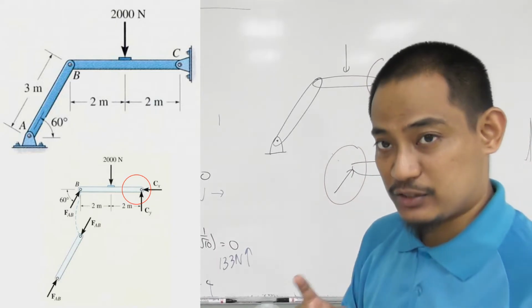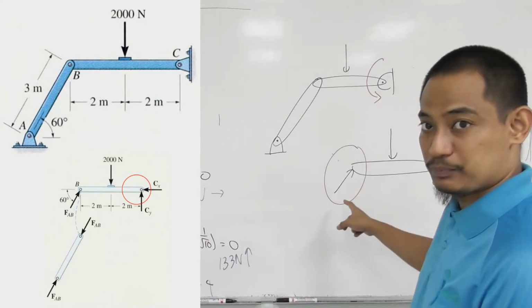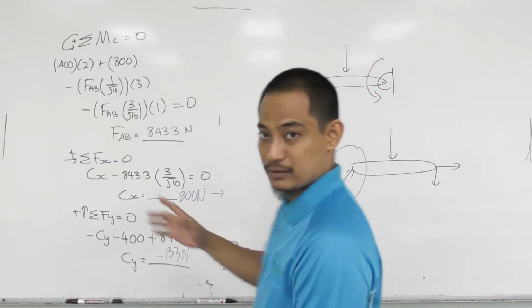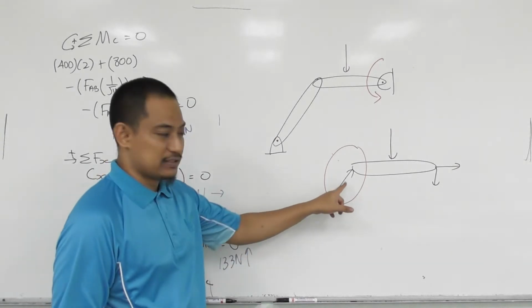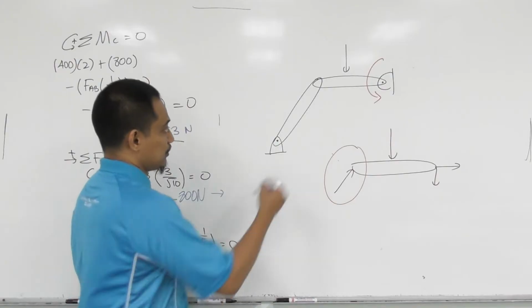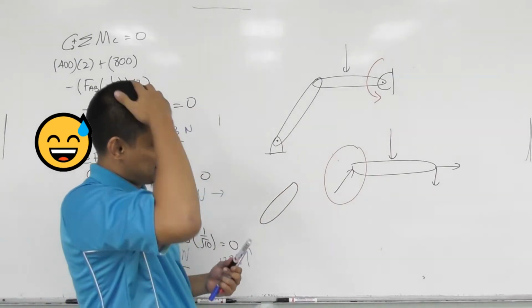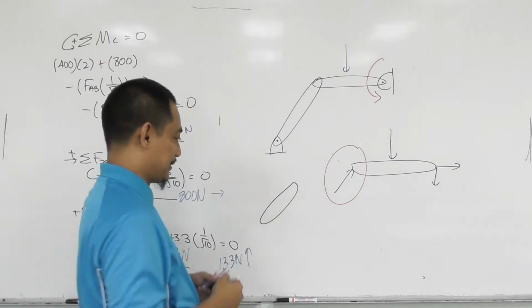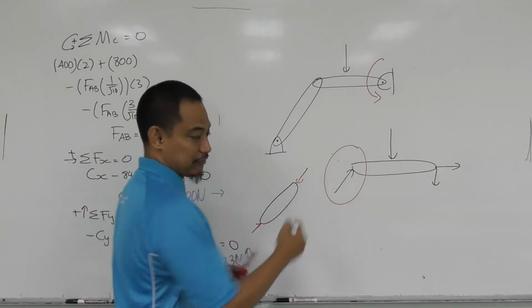Now, the answer should be that it will not change. If you look at this point here, the question is, why is this force FAB like this? It is because this is a two force member. If it is in compression, then you have FAB like that.